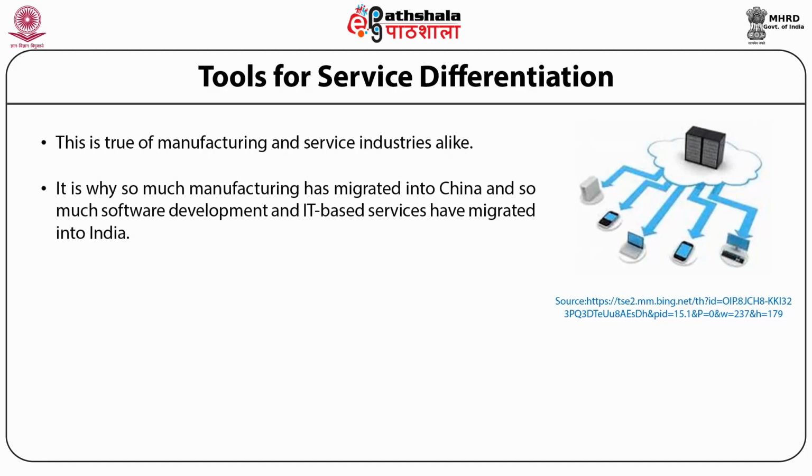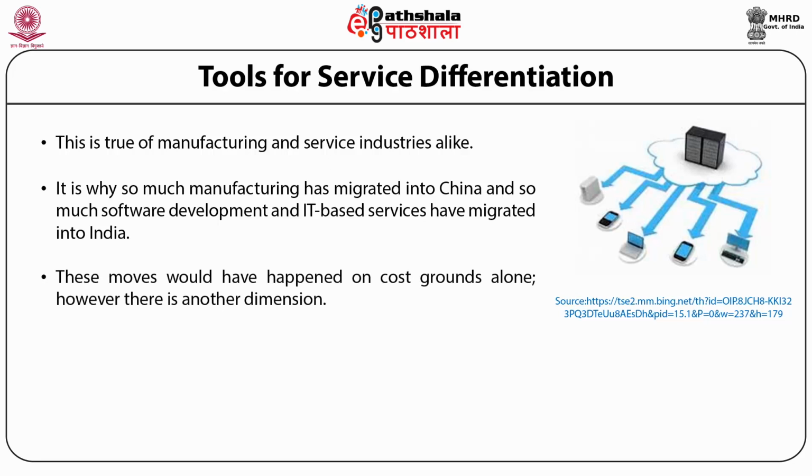It is so as much manufacturing has migrated into China, and so much software development and IT-based services have migrated into India. These moves would have happened on cost grounds alone. However, there is another dimension.